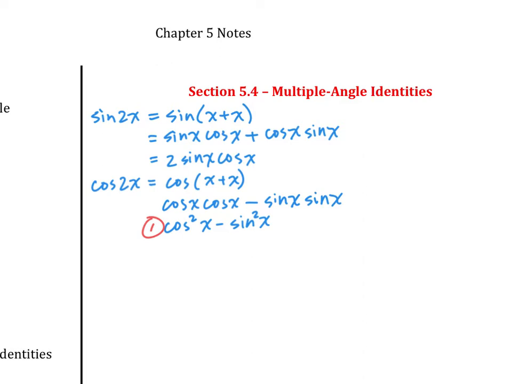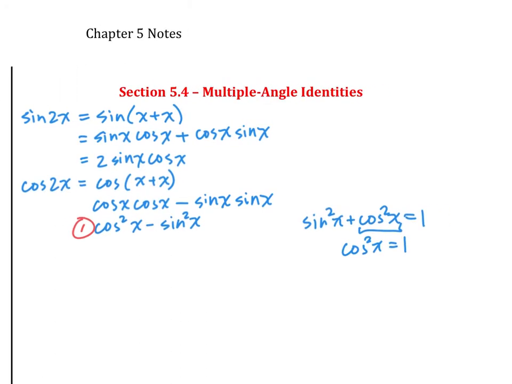The other one is if you were to change, let's say, cosine squared. Remember the first section where we were doing a lot of identities and proofs. So remember sine squared plus cosine squared is 1. So if I just want cosine squared, I can subtract sine squared on both sides and say cosine squared is the same as 1 minus sine squared.